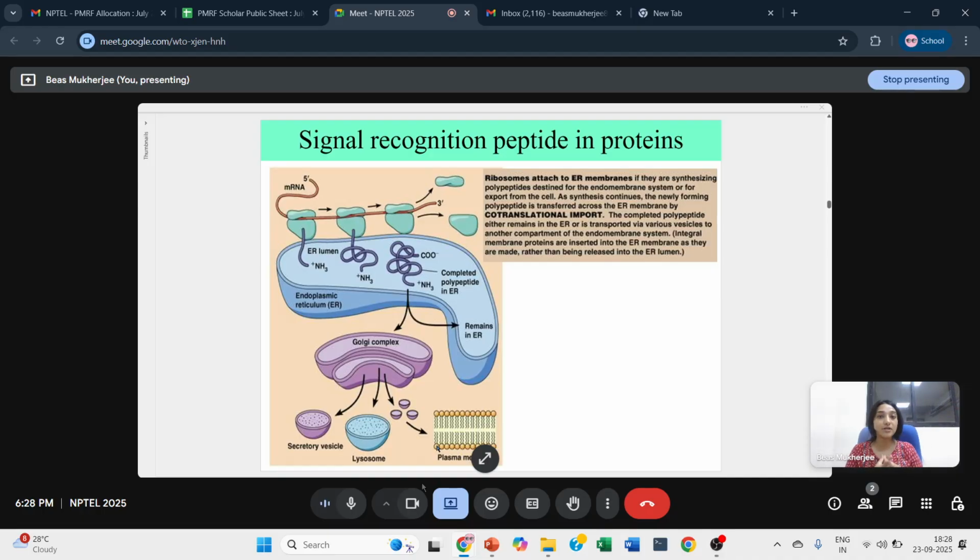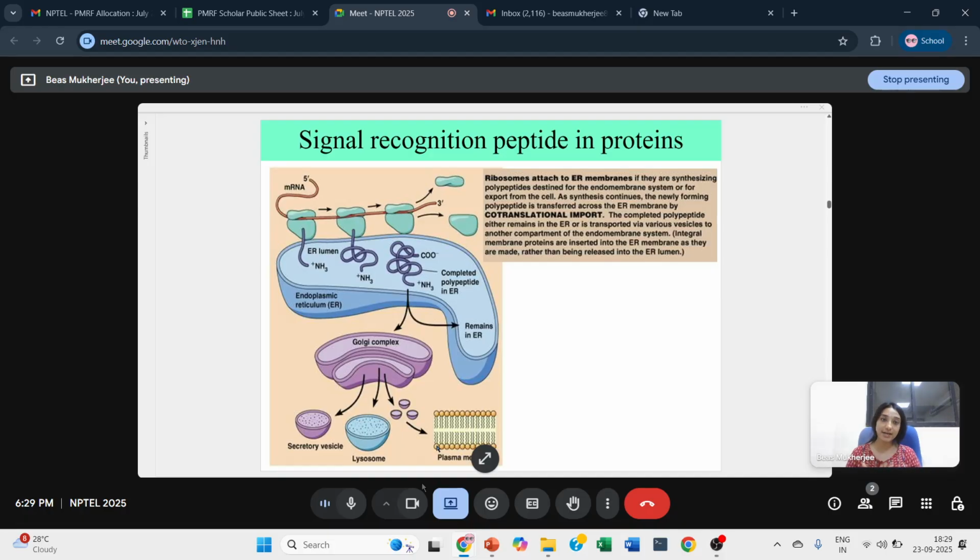All of these make up the endomembrane system, and the proteins going to the endomembrane system are all synthesized by co-translational trafficking. Ribosomes attach to the ER membrane if they are synthesizing polypeptides destined for the endomembrane system or for export from the cell.